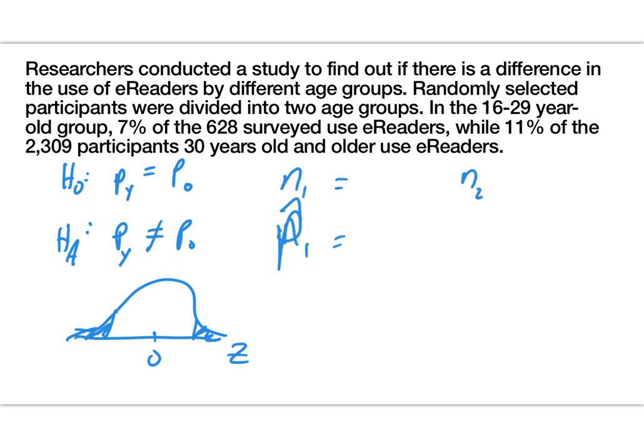Asked to supply N2 and P hat 2. So N1 was 628. N2 is 2309. P hat 1 is 0.07. You can just enter it as a decimal. P hat 2 is given as 0.11. Just remembering that in the proportions, you're entering those numbers as decimals, not as percents.